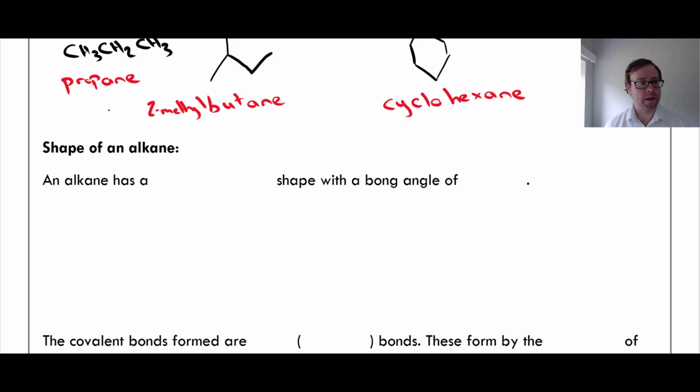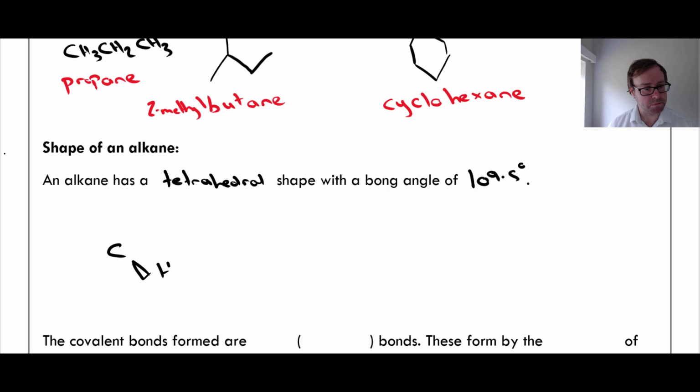Okay, so moving on. The shape of an alkane. An alkane has a tetrahedral shape with a bond angle of 109.5 degrees. If I was going to draw this, I'm just going to draw the simplest alkane, so I'll draw methane.